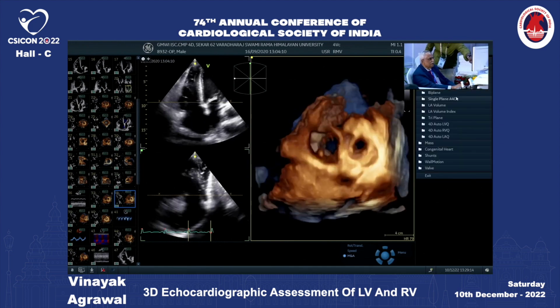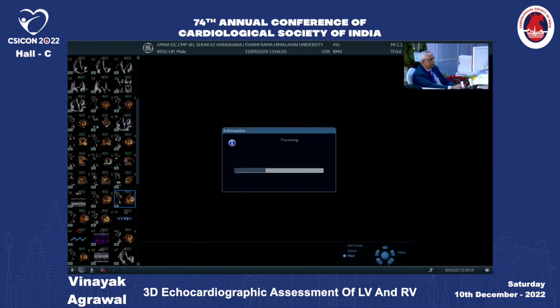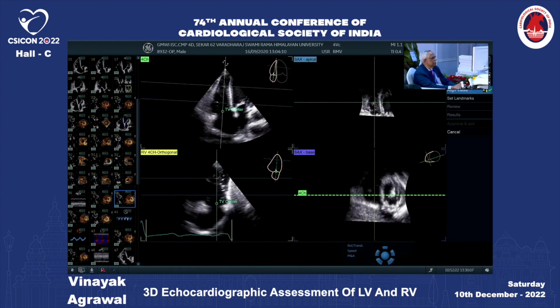So again we have to go to the measurement. Instead of LVQ, you select the RVQ, right ventricular quantification. First thing is you have to mark the tricuspid annulus and tricuspid valve center, and then the long axis. You have to measure the long axis, and this line should go through the tip of the right ventricular apex. That is the most important one.